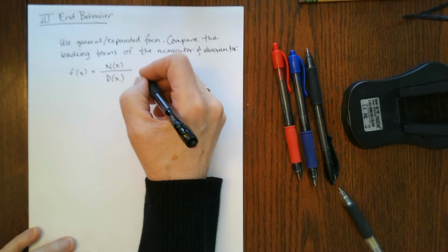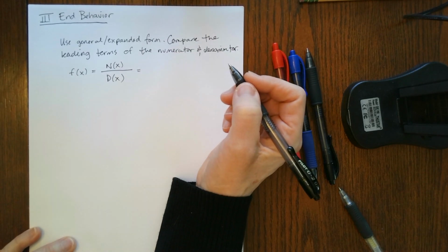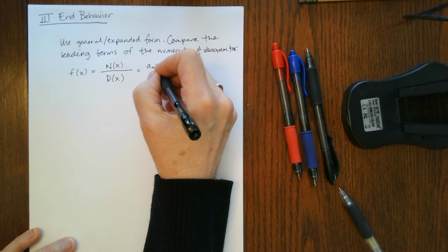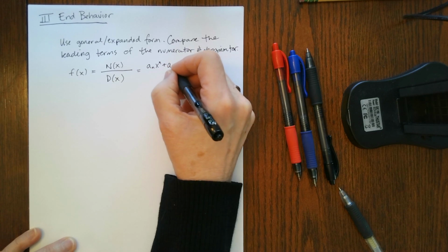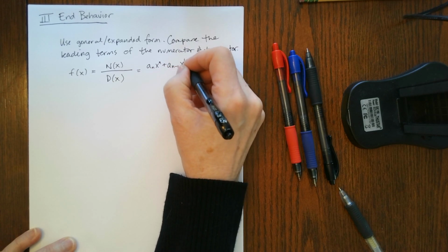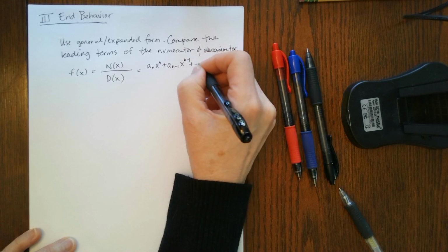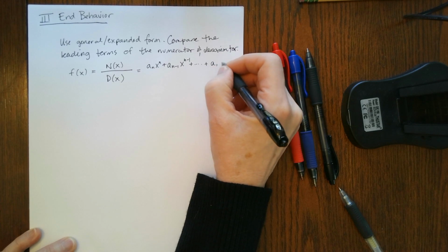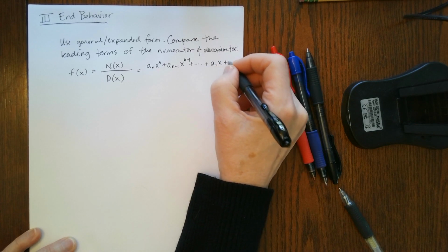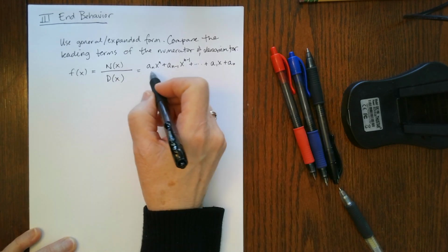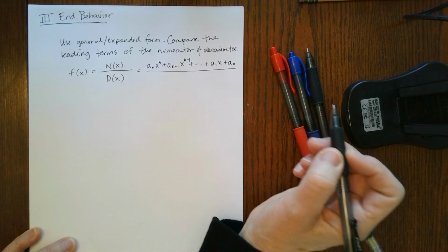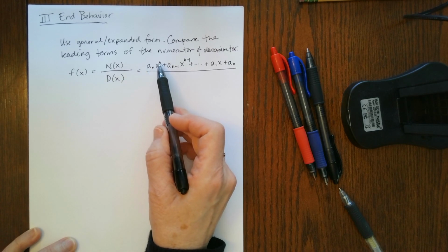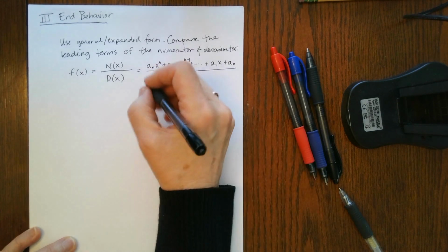Well, in expanded form, we could write n(x) as a_n x^n plus a_(n-1) x^(n-1) plus all the way down to a_1 x plus a_0. a_0 is going to be your constant term, and a_n x^n is going to be your leading term for the numerator polynomial.